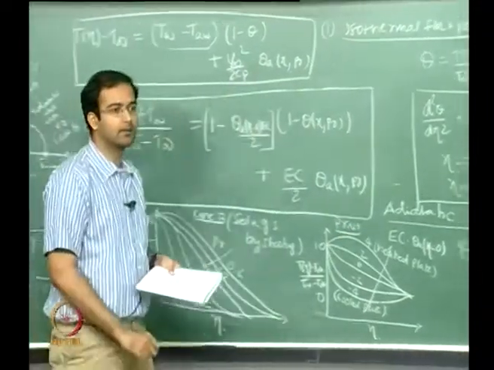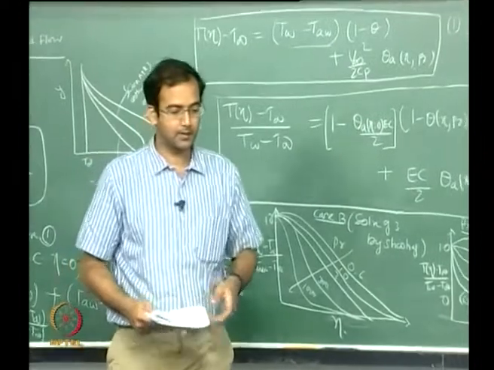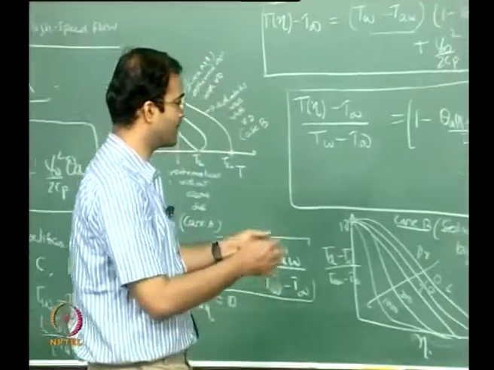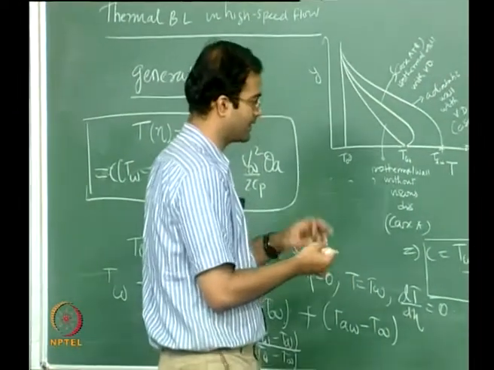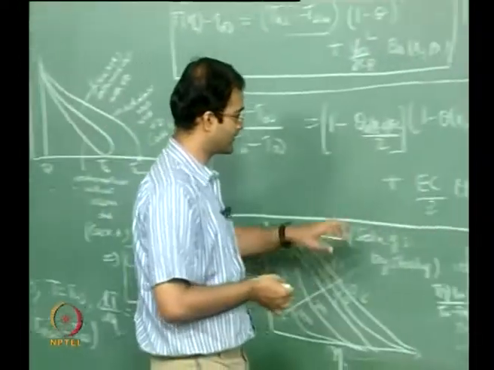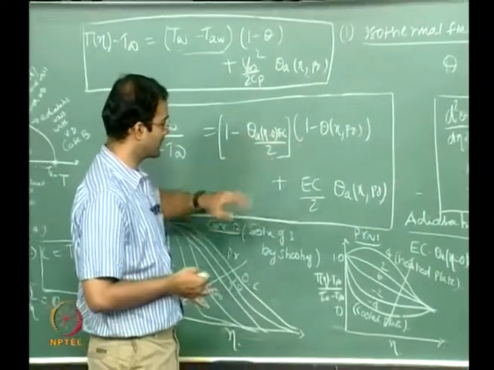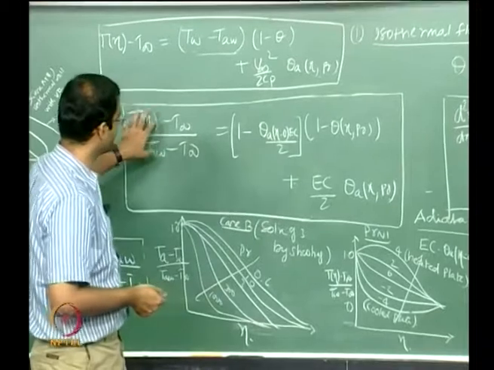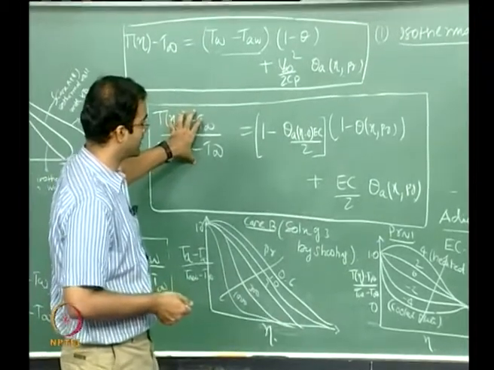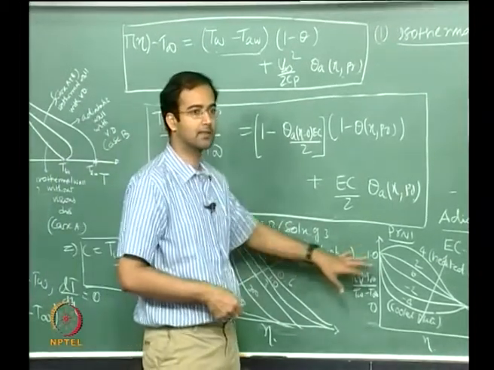You have to fix the Prandtl number here, because there are too many parameters. You fix the Eckert number to some value, fix the Prandtl number, and then plot the variation of this non-dimensional temperature as a function of eta, and this is how it looks.